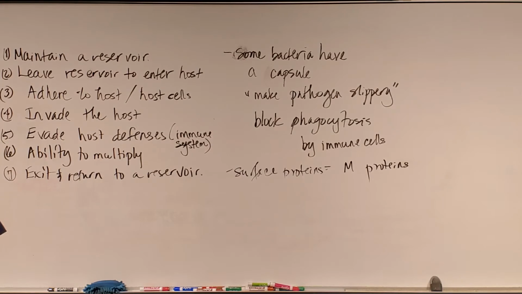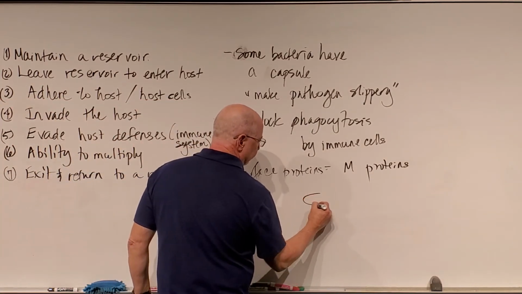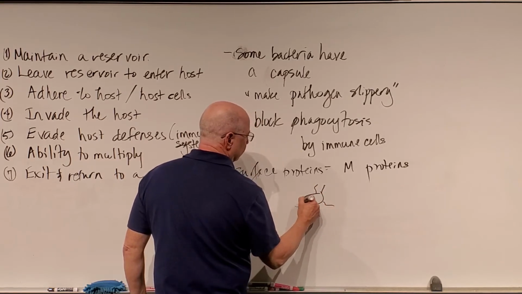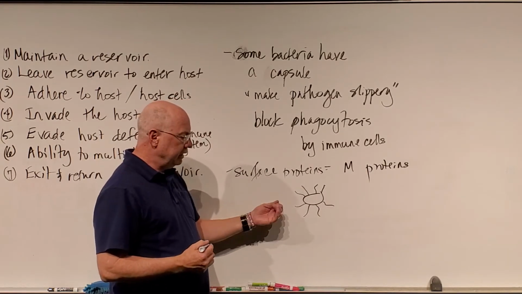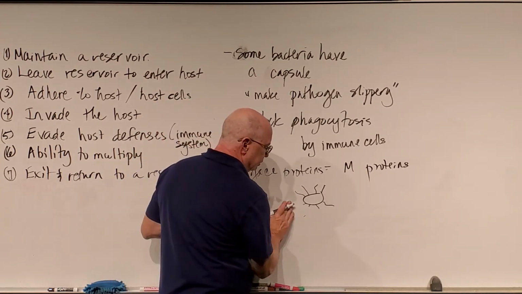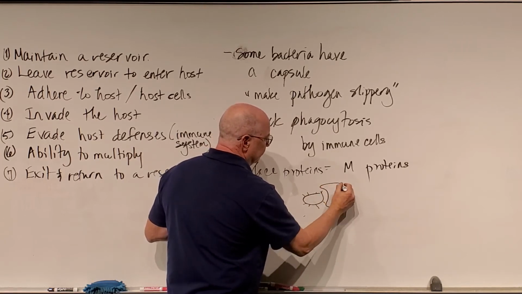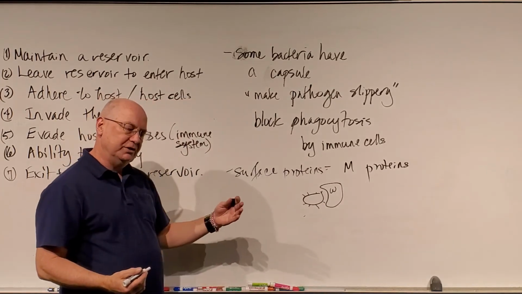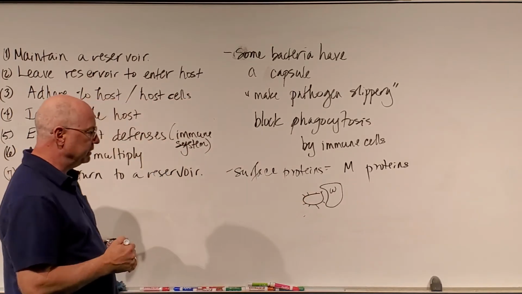But essentially these M proteins can serve like little hair-like projections on the bacteria. Now these are different than flagella, but they're like little hair-like projections. Maybe they're not that long, but it prevents a white blood cell from being able to phagocytose these bacteria.